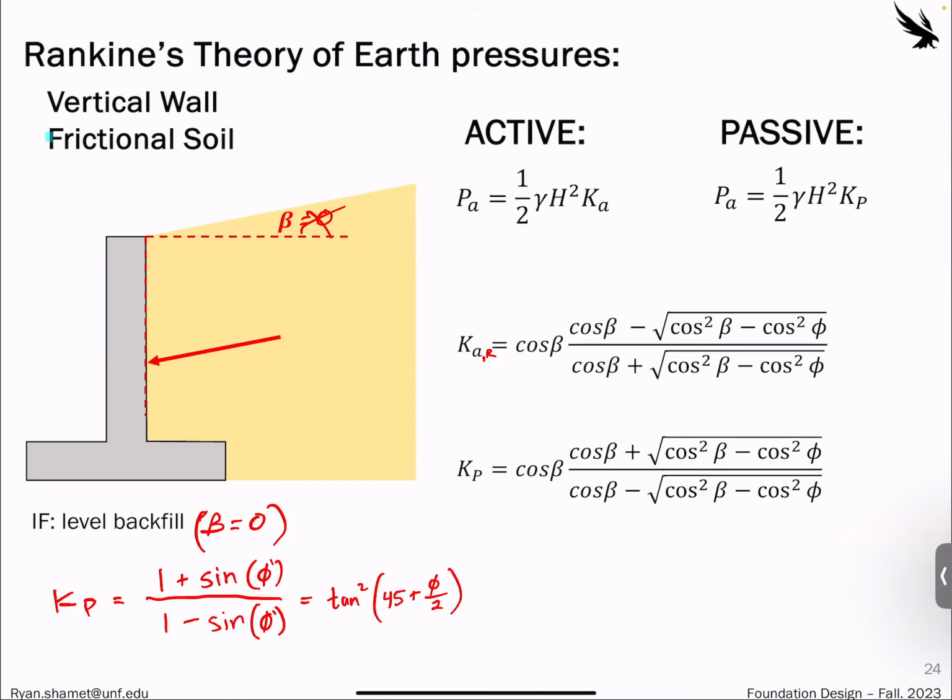So these are all effective. And then Ka would look very similar, just with these signs swapped.